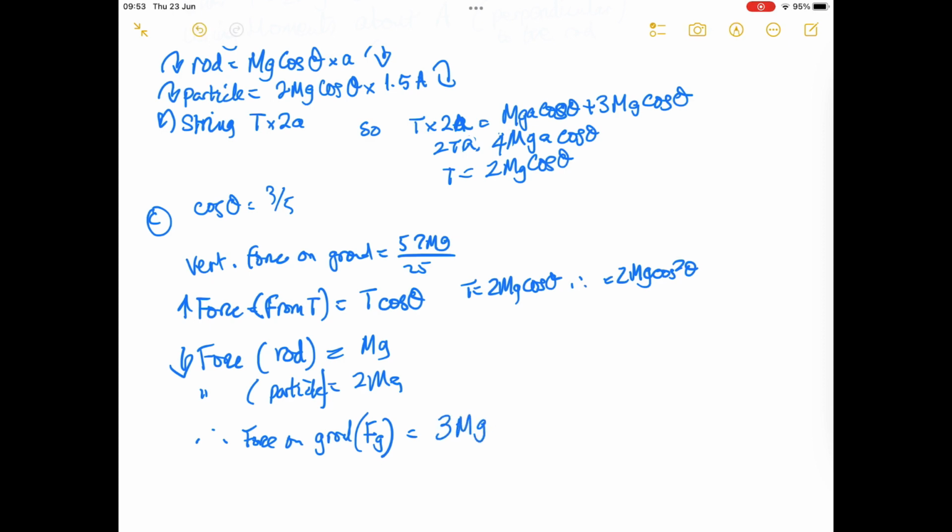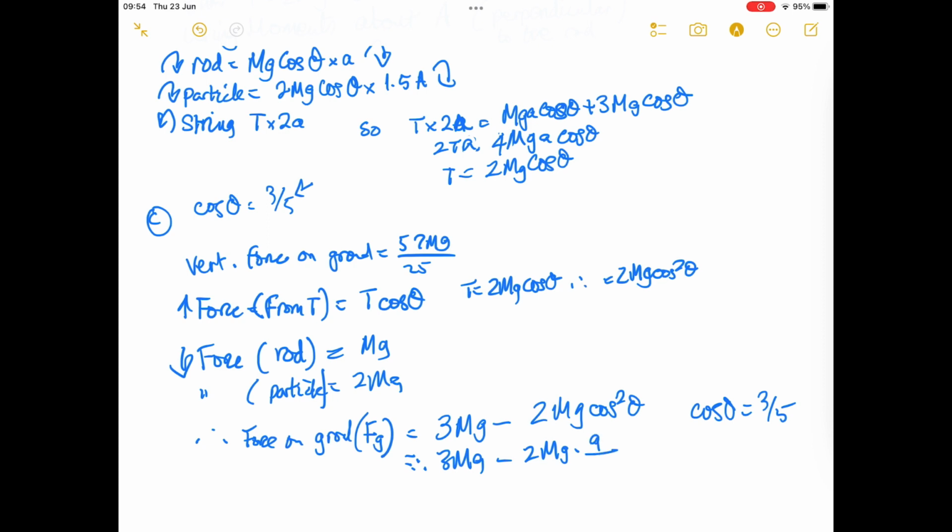Okay, so that's what we're going to come to, and now you're going to get into a nice and simple part. So you know cos theta was 3 over 5, therefore it'd be 2mg times 9 over 25.